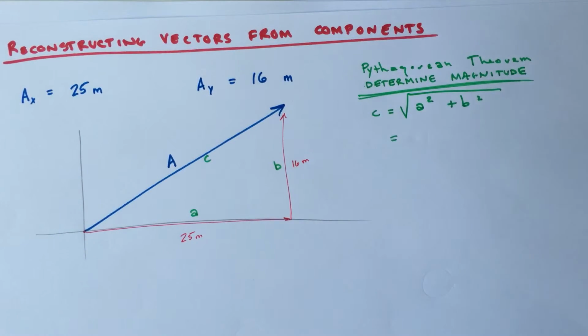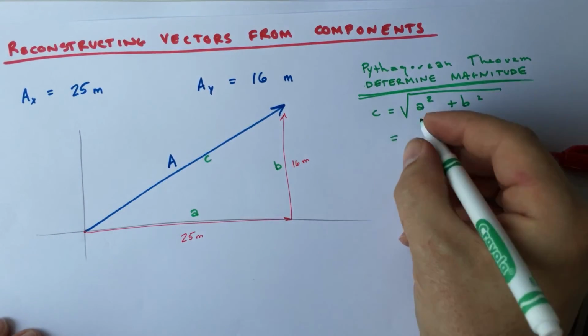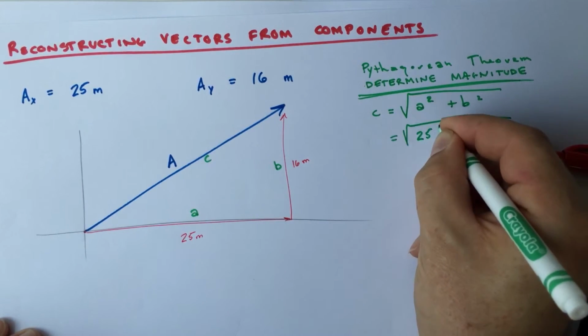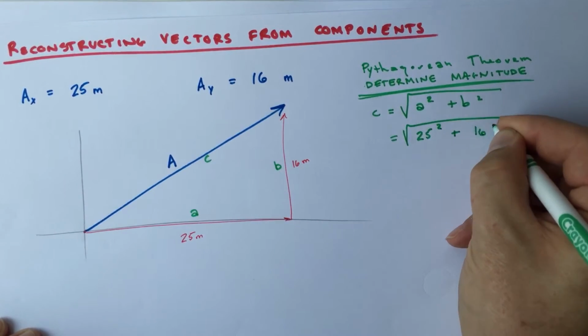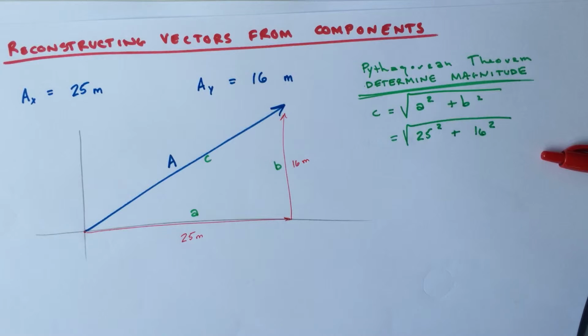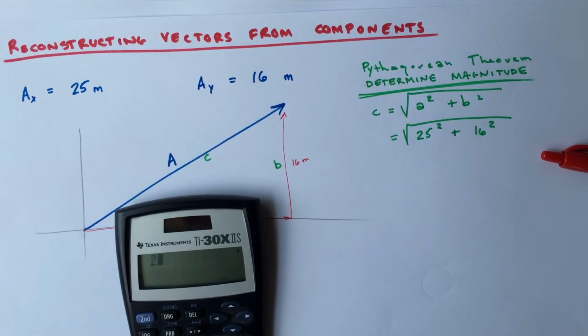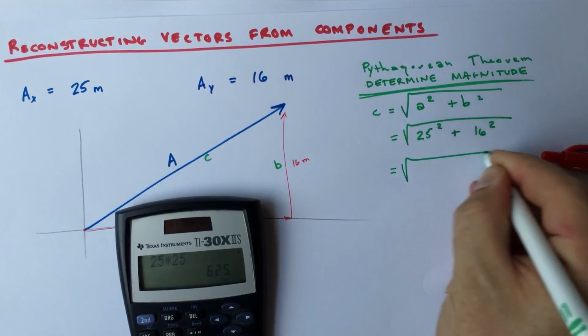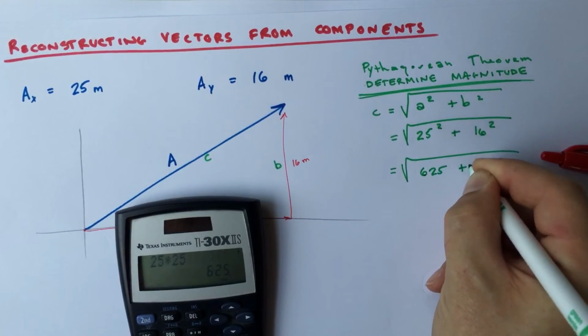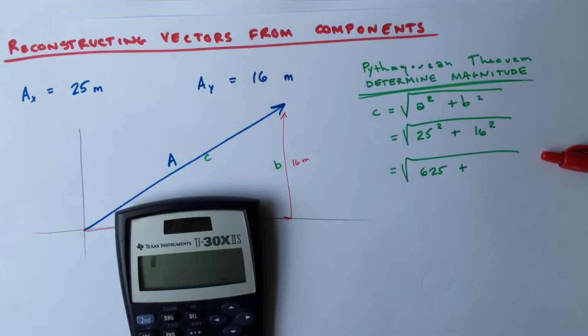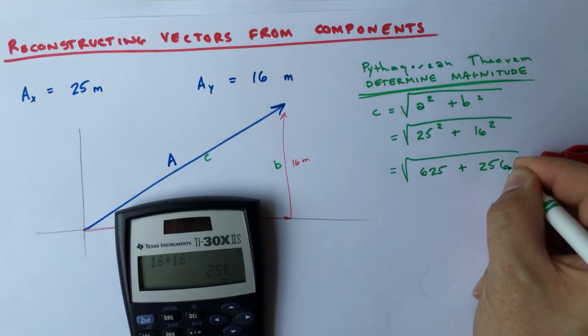And we can crunch that out here. C is equal to, therefore, the root of 25 squared plus 16 squared. If I do the math on that, 25 times 25 gives me 625. 16 times 16 gives me 256.